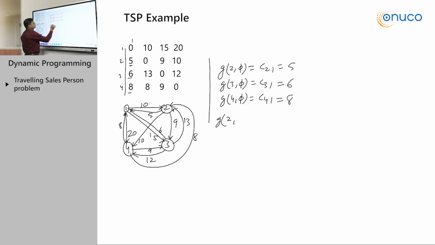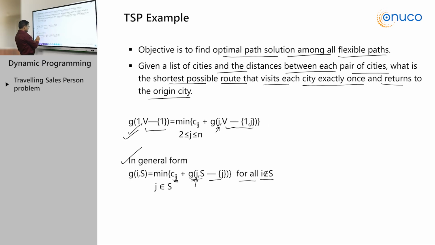G of 2, {3}. If you are writing this, then based on the formula, G of 2, {3}: 3 is the set. So if you go from 2 through J, C of 2, 3 plus G of J, which is 3, and S minus J, 3 minus 3 becomes empty.